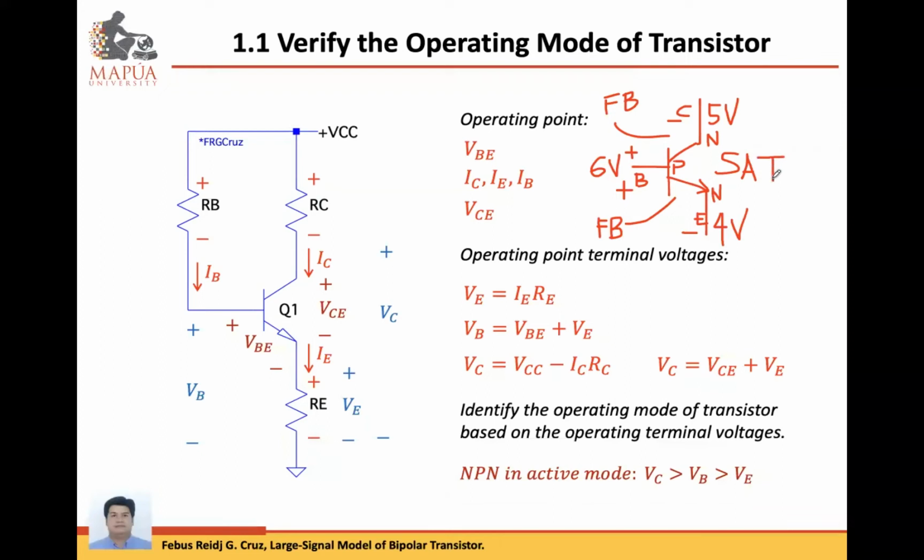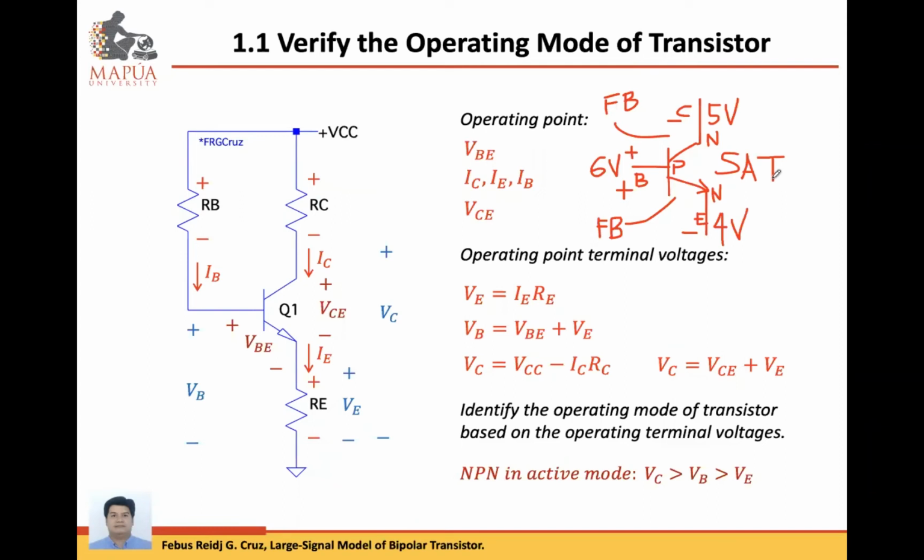All right, naintindihan ba? Please confirm. Yes po, sir. All right, thank you. Sir, either active mode or saturation mode lang po yung pwede. Pag circuit, usually it is either active or saturation.